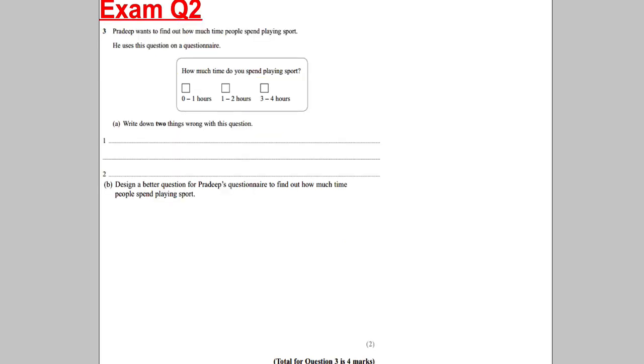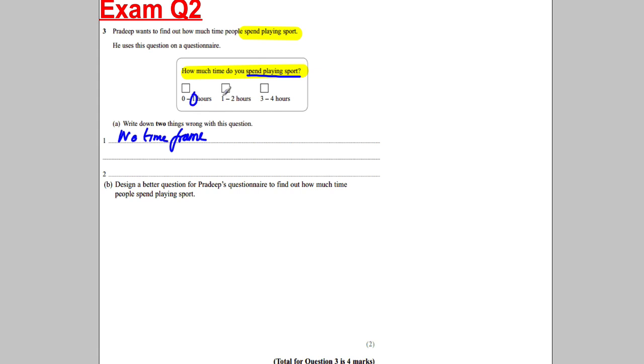All right, next question, exam question 2. You should have done this, hopefully you got this right. Let's just check it. Pradeep wants to cover how much time people playing sport. He uses this. How much time do you spend playing sport? 0 to 1 hours, 1 to 2, 3 to 4. Write down 2 things wrong. Well, we know 3 things usually wrong with this. Here, it doesn't say in a time frame, like at the weekend or per day, so no time frame.